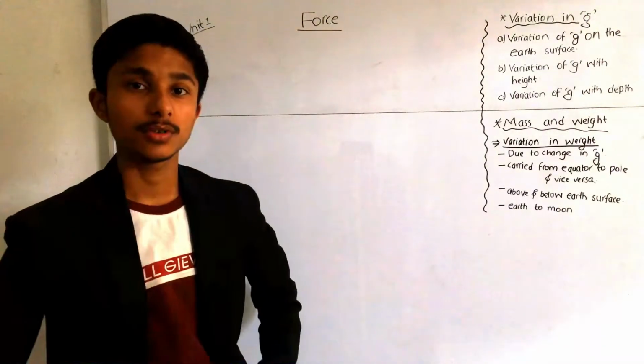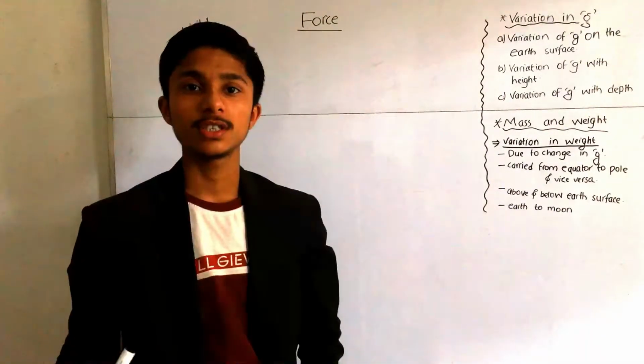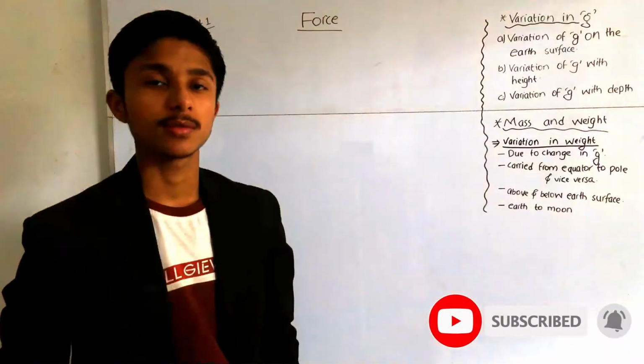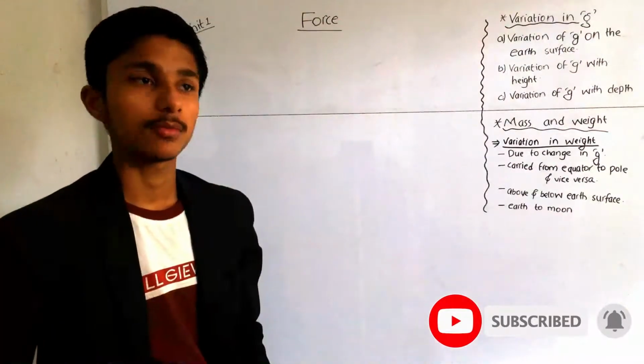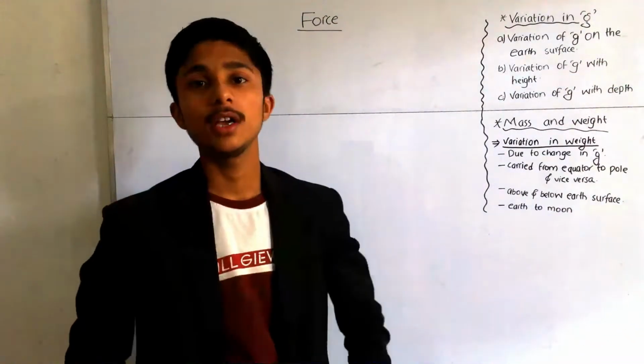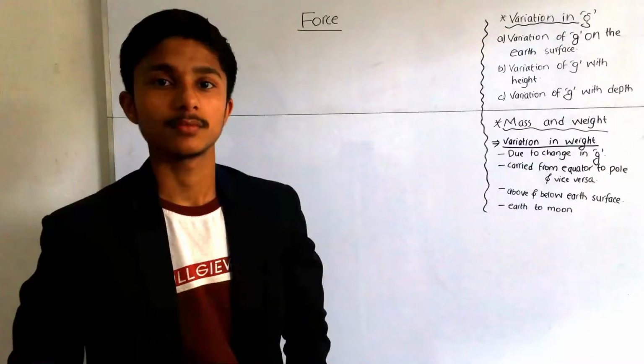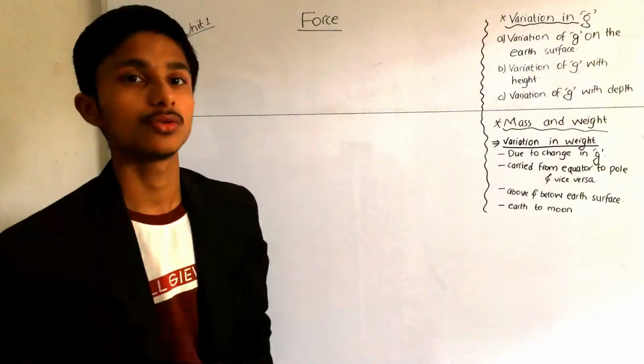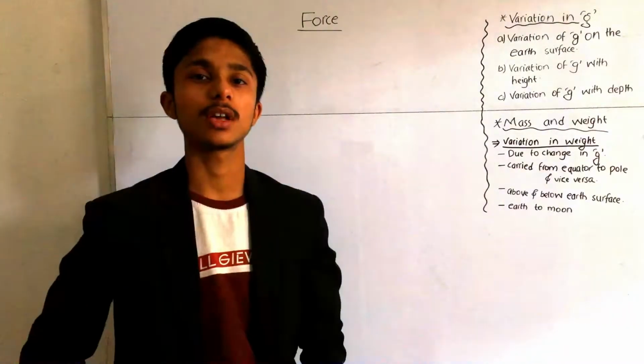Before this lecture, I have already released 6 lectures. In previous lectures, we discussed the derivation of the formula of acceleration due to gravity, and in the previous video we also discussed what acceleration due to gravity is.